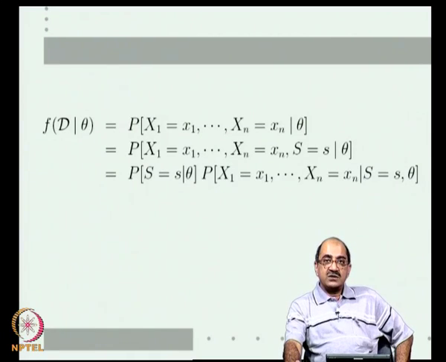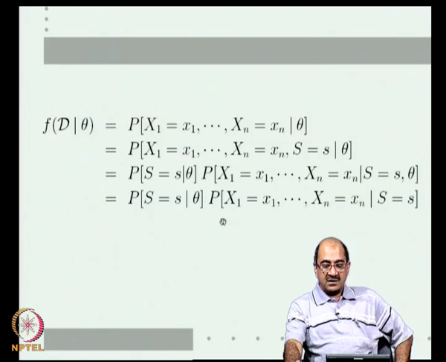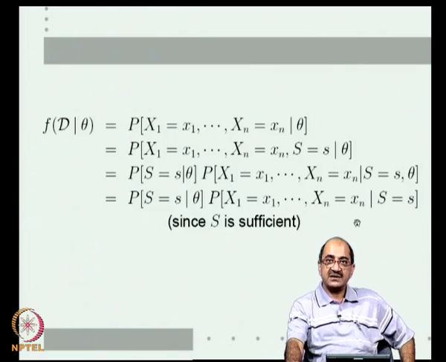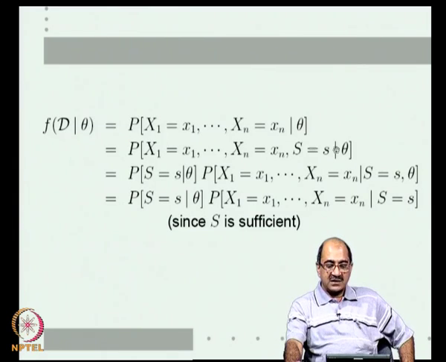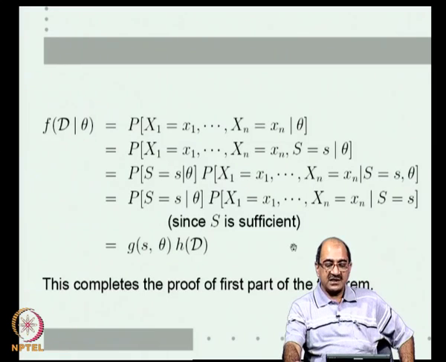Now, because I have assumed S is sufficient, this factor is nothing but f of D given s and theta, which is not a function of theta. Okay. So, I can simply remove this theta from here. This happens because we are assuming S is sufficient. So, now, the first factor, probability S equal to s given theta, can be a function of only s and theta. So, this is some g(s, theta).